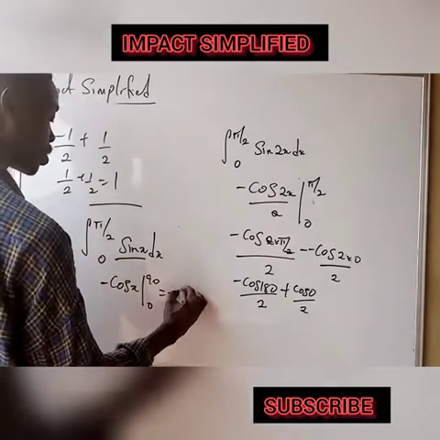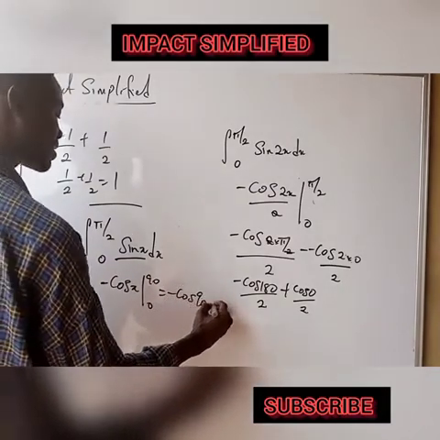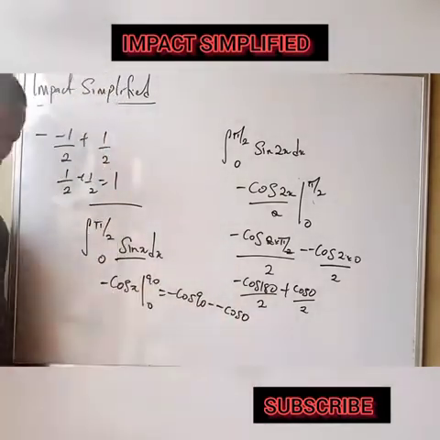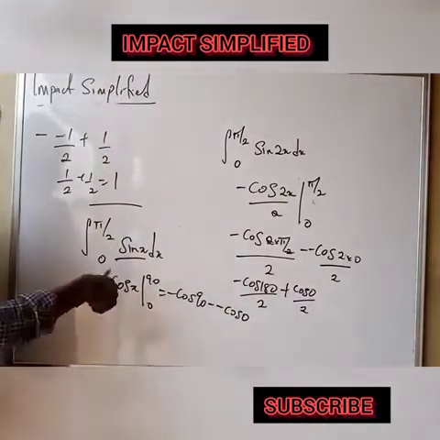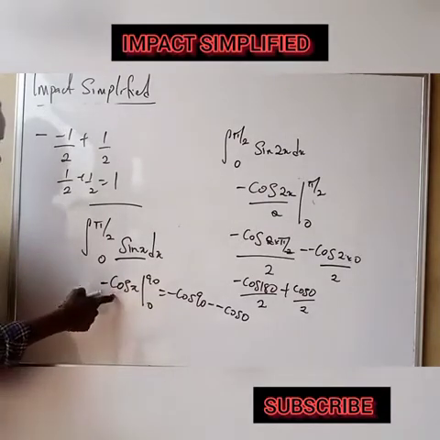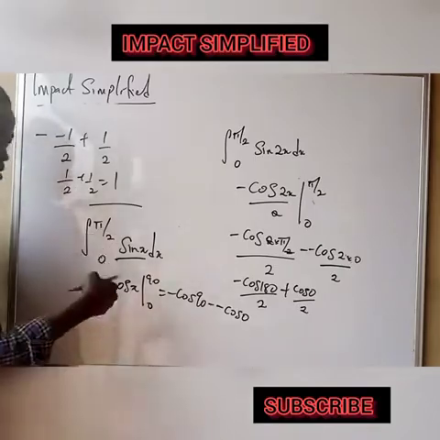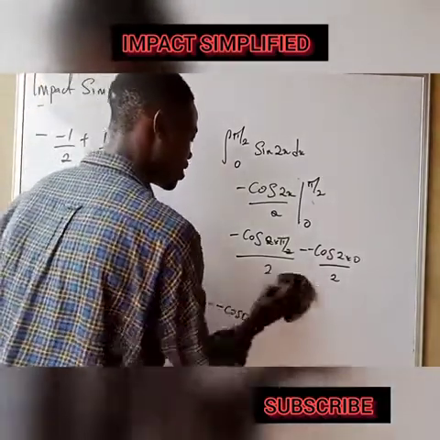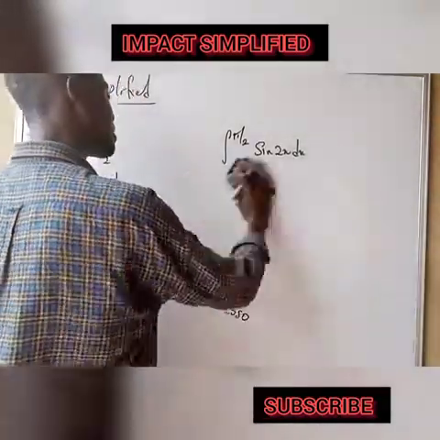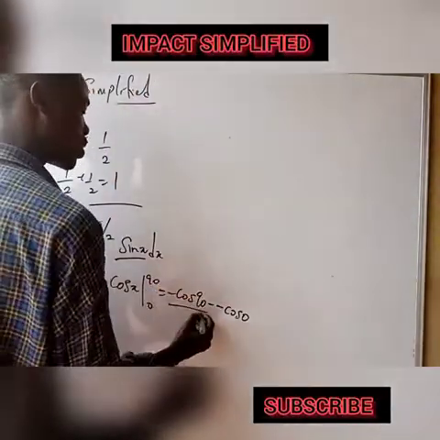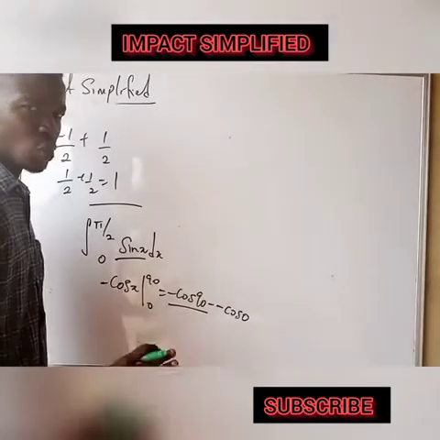And that will give us what? The upper limit is 90, minus cos 90, minus the lower limit, minus cos 0. And from this, if you solve it, what is cos 90? Our cos 90 is what? Is sine 0. And that will give us what? 0. Do we get that?